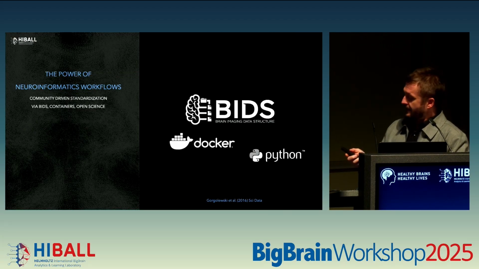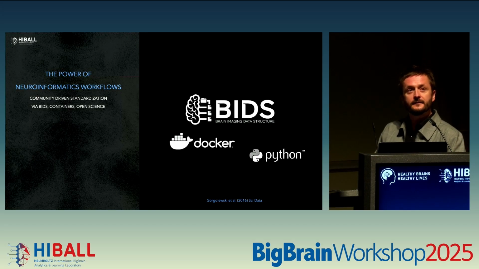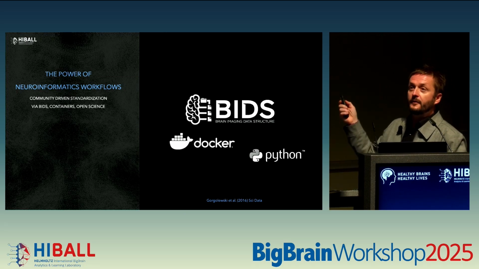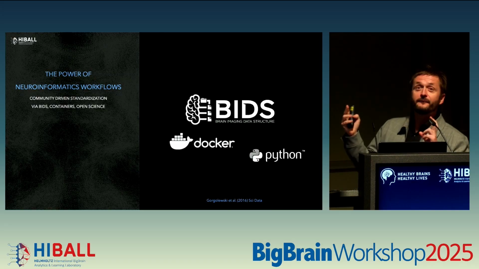I mentioned the MNI space already as something where MRI actually has led the way, that we standardize our methods and our concept of thinking about the brain. Here's another one that has become really powerful in order to standardize the way we name files.